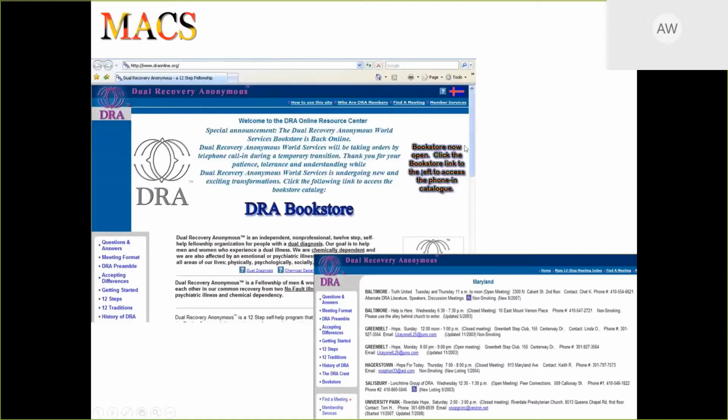Also, if people aren't aware, there's Dual Recovery Anonymous, a separate 12-step mutual help group that's set up for people with co-occurring disorders. So I encourage you to go look. I just did a screenshot of some of it. There aren't tons of these meetings, but there are some in the area, so it can be useful.